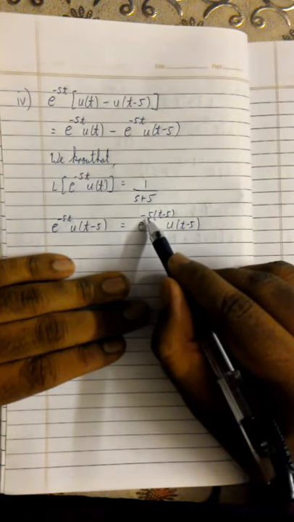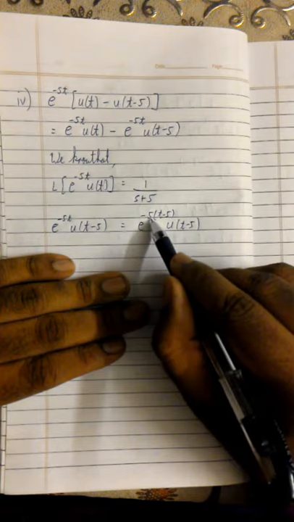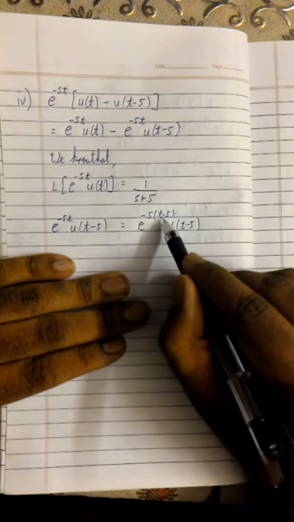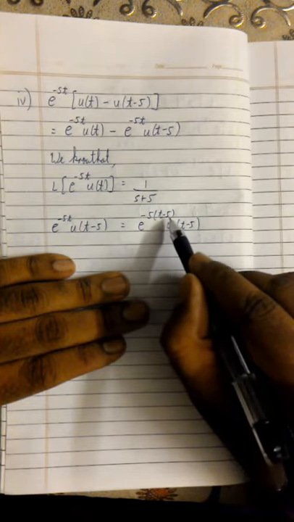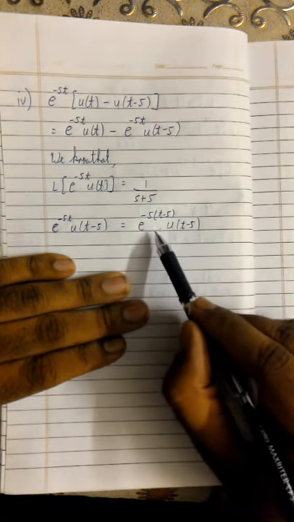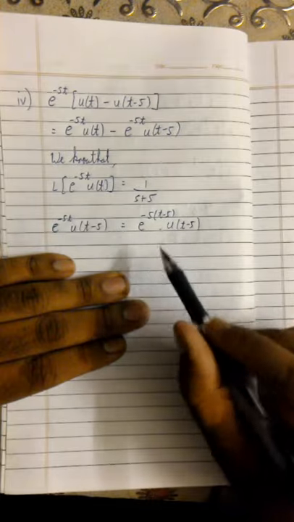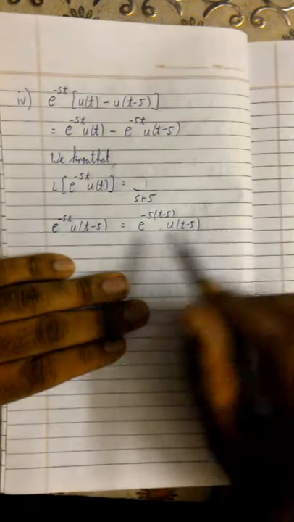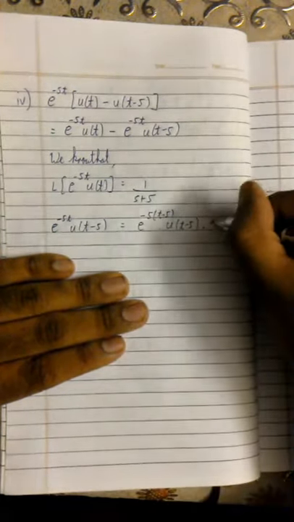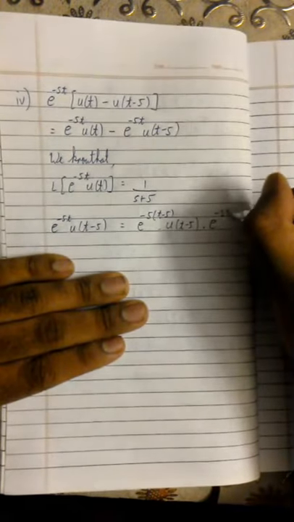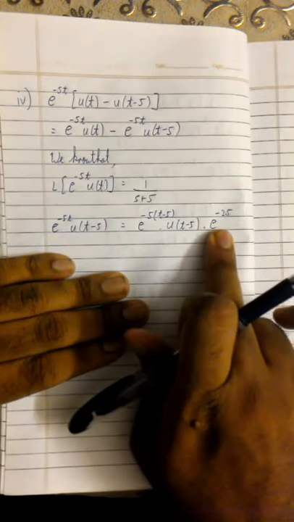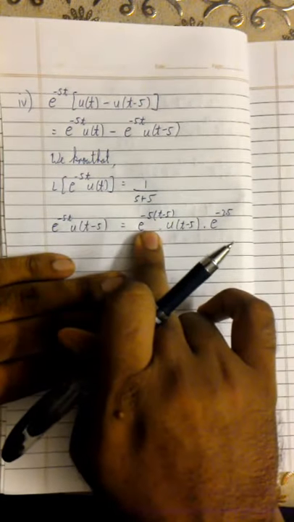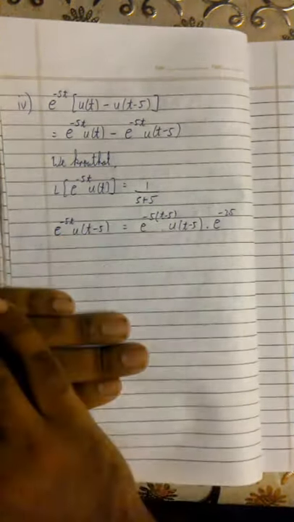I get e raised to minus 5t plus 25. So I included the term e raised to plus 25 in this expression. To cancel this, I have to multiply with e raised to minus 25. If you calculate e raised to minus 25 into e raised to minus 5t minus 5, you will get the original question.